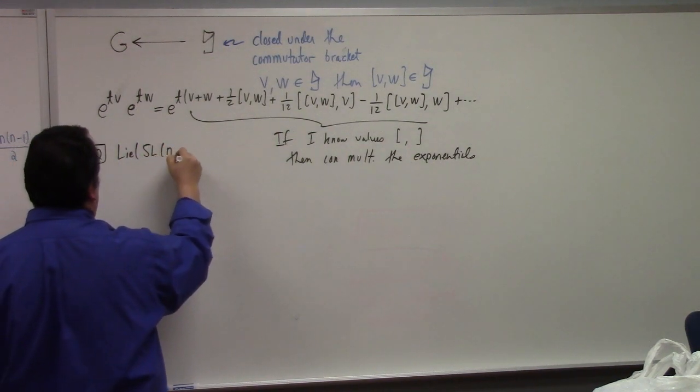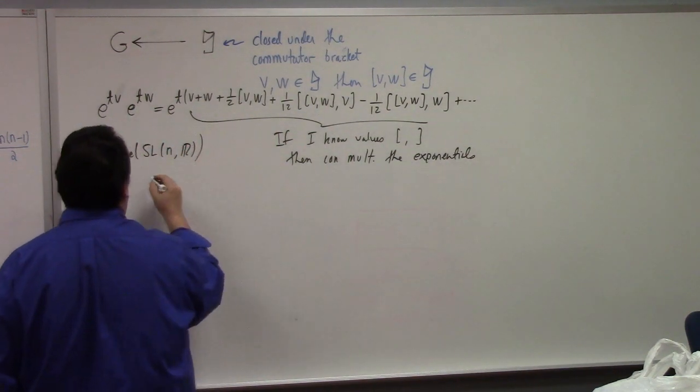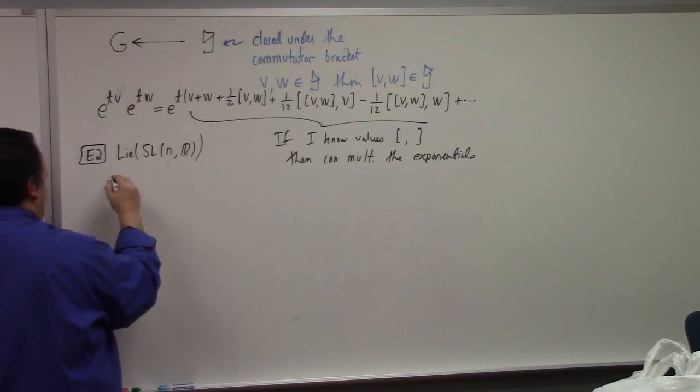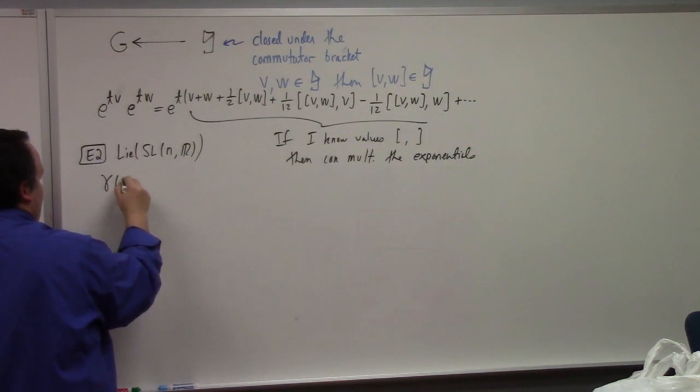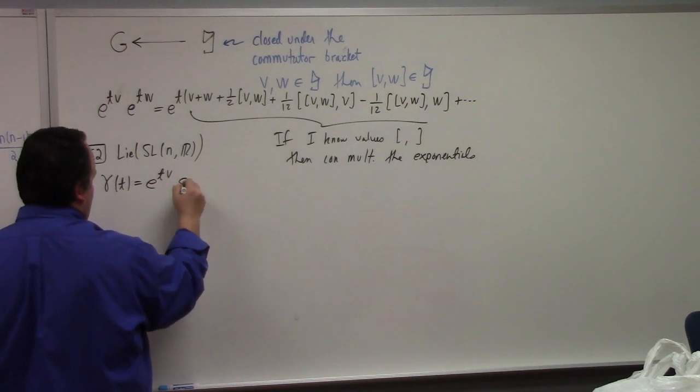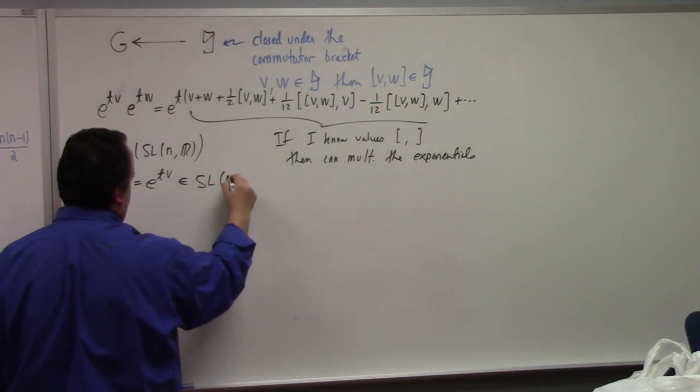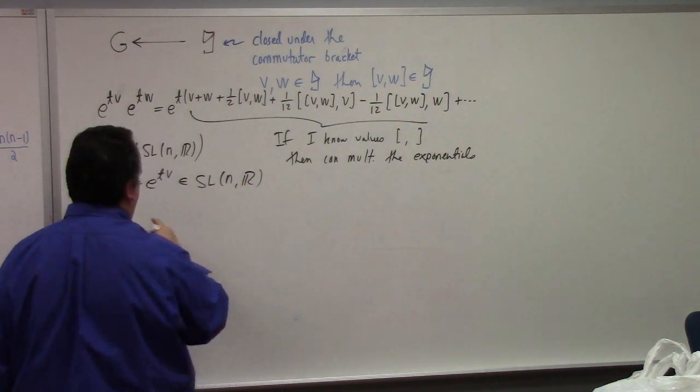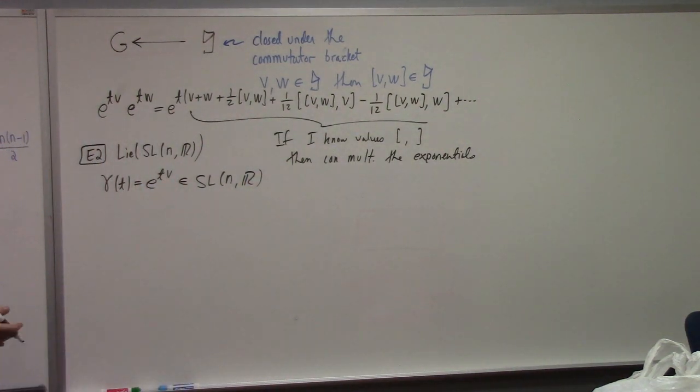So what we want to think about is gamma of t equal to e to the tv being an element of SLN for all time. That condition holding is what is needed for v to be in the Lie algebra.